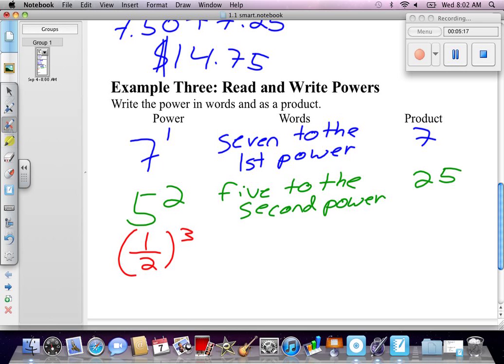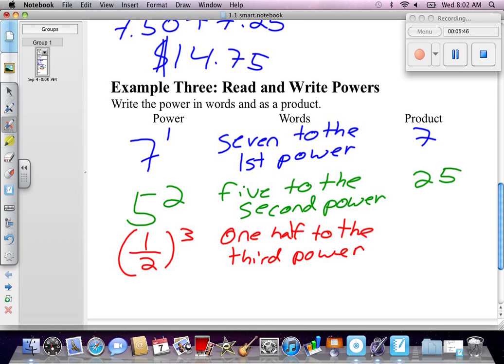Somebody want to raise a hand and tell me what that one says? One half to the third power. So this one's a little tricky because I know you guys, well, most of you anyways, hate fractions.